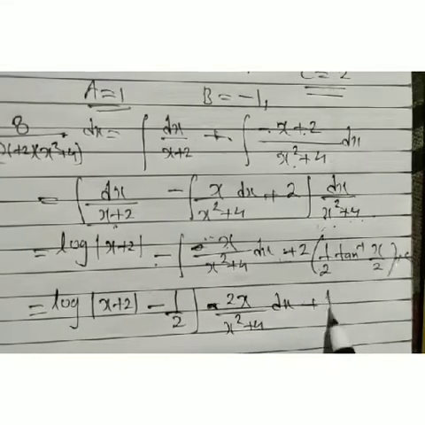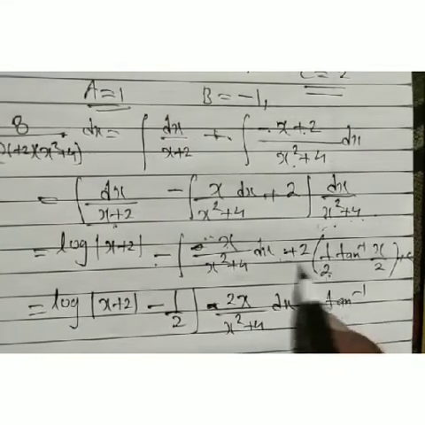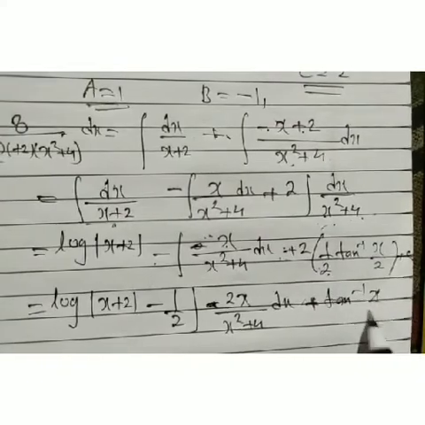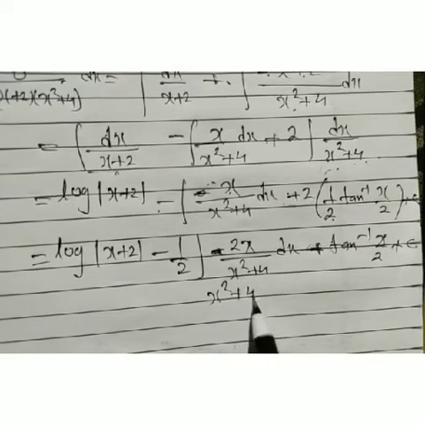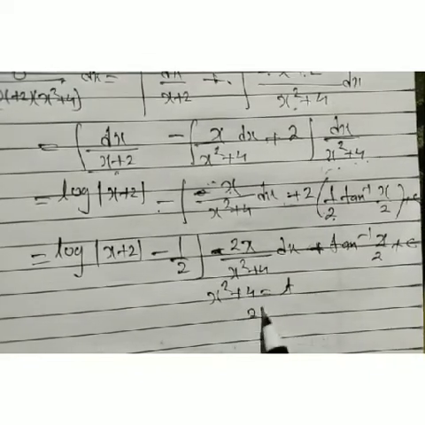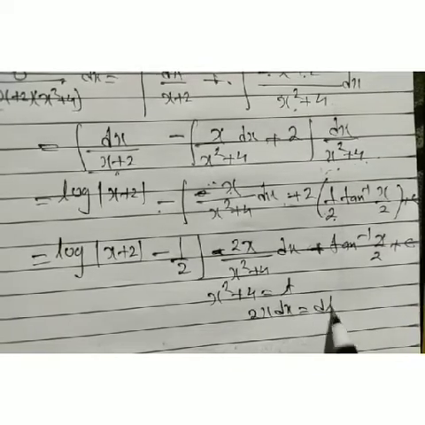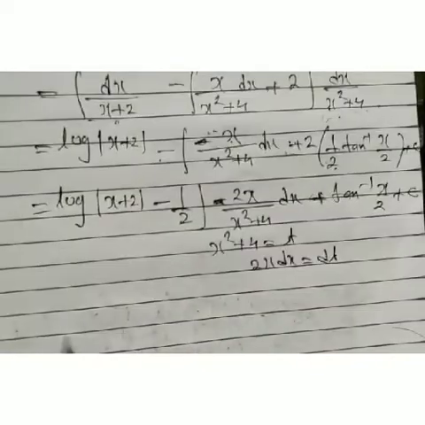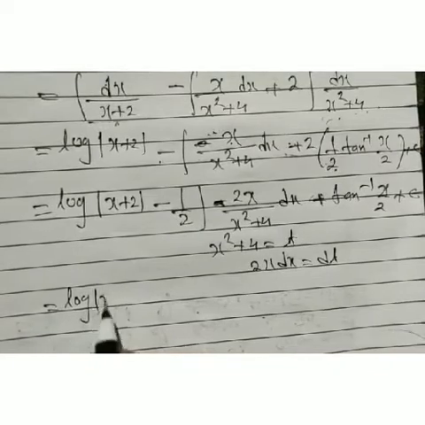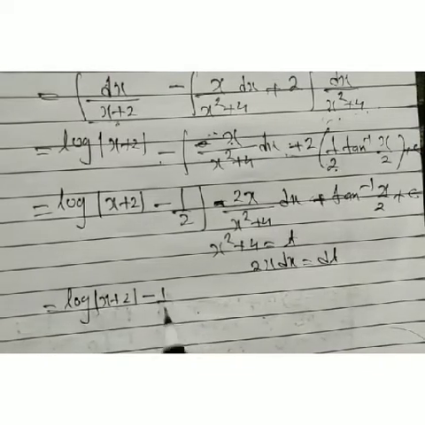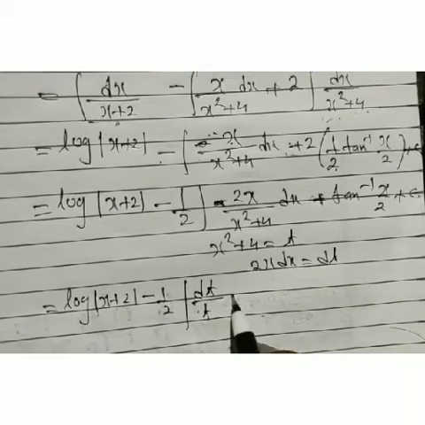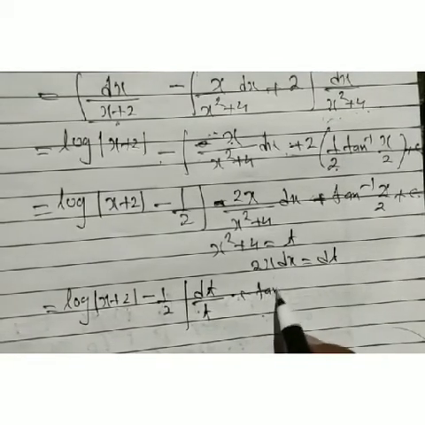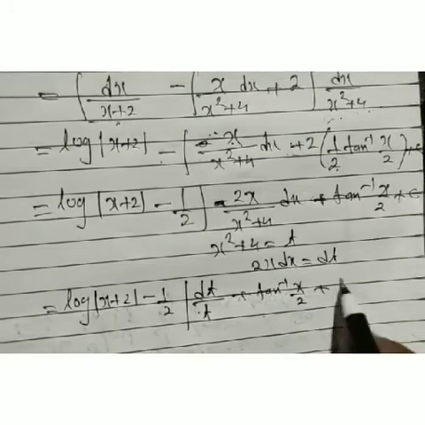Then here this 2 and 2 cancel out, then we have tan inverse x by 2 plus c. Now when we take x square plus 4 equal to t, then we have 2x dx equal to dt. Then our form is converted to dt upon t plus tan inverse x by 2 plus c.